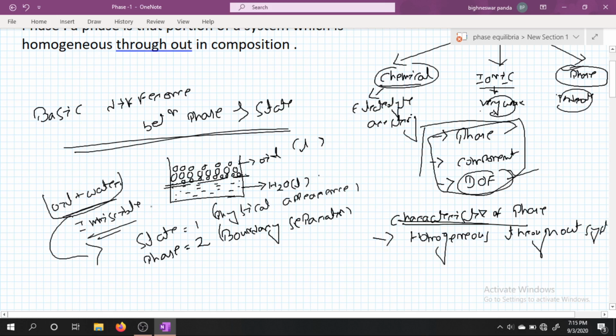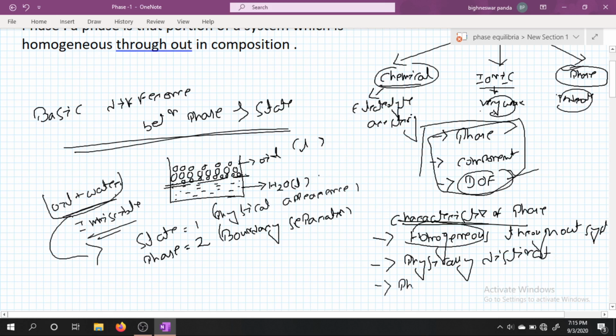Since here in the oil and water system, oil is in liquid state and water is also in liquid state, liquid plus liquid, the phase is homogeneous. Another main characteristic is that phase can be physically distinct. Either we are using liquid or solid liquid, so they can be physically distinct or physically divided.